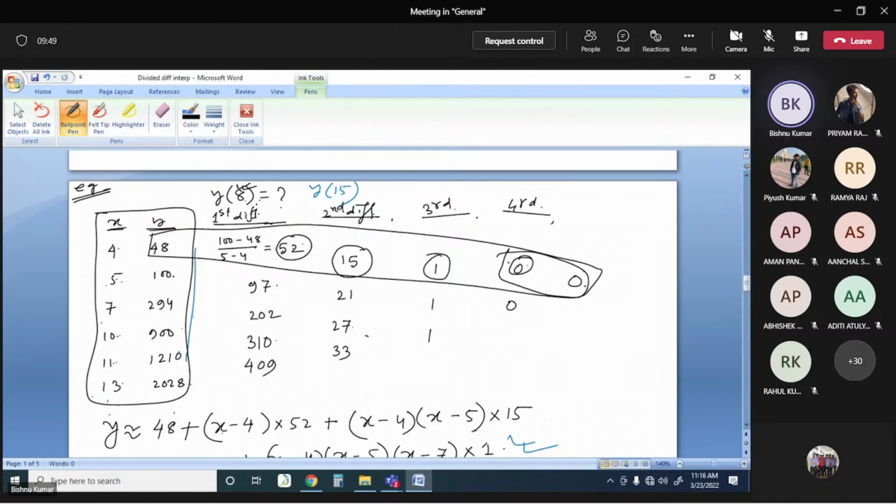Now, somebody may ask: we have studied Newton forward and backward, so why do we need to study these techniques? Tell me, can we use Newton forward or backward to calculate these values?